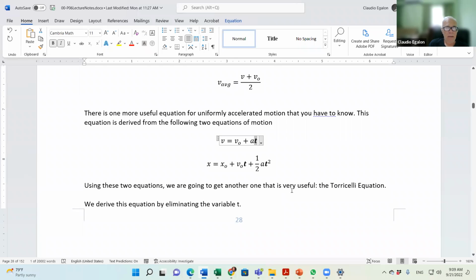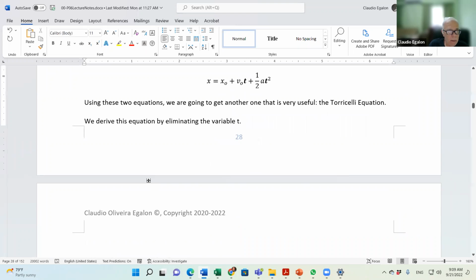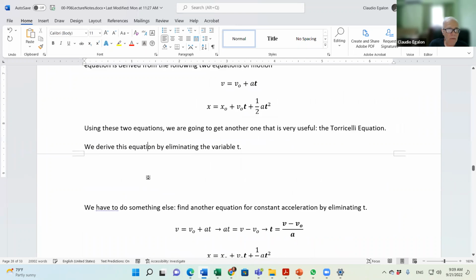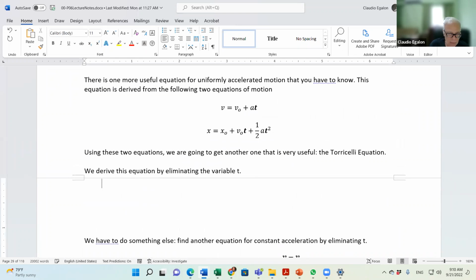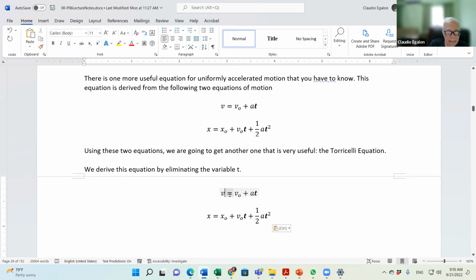So how do I do that? Well, we do that in the following way. It's just mathematical. There's nothing new about this equation. It's just mathematical manipulation, okay? But it's very useful, this equation. So we start with the first equation for the velocity, and we write t in terms of the other parameters, okay?